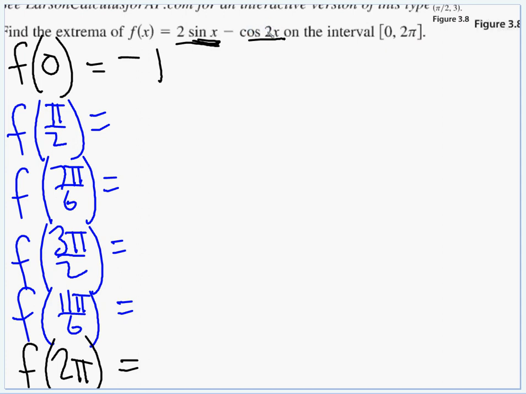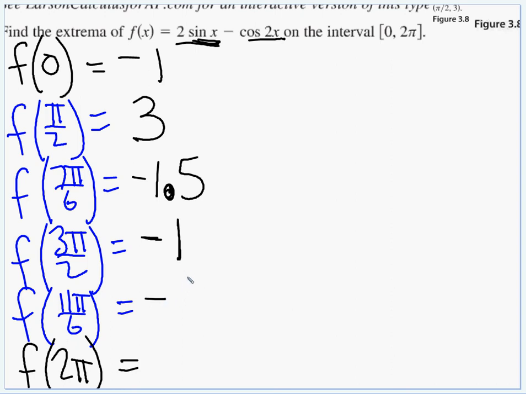That's -3/2 or -1.5. If we put in the 3 pi over 2, out pops a -1. At the 11 pi over 6, our output is -3/2, -1.5. And then finally, at the right endpoint, we plug that in, and out comes a -1.